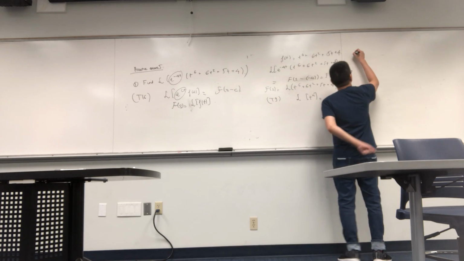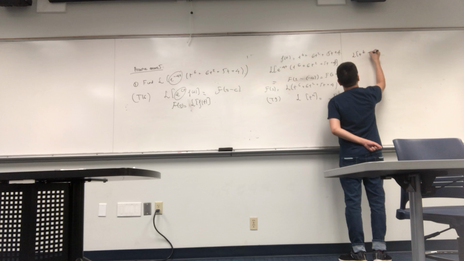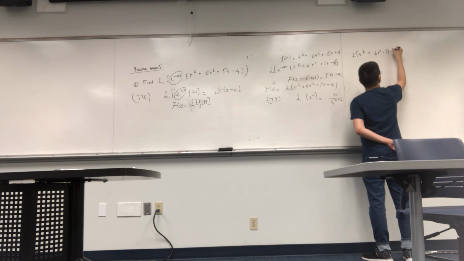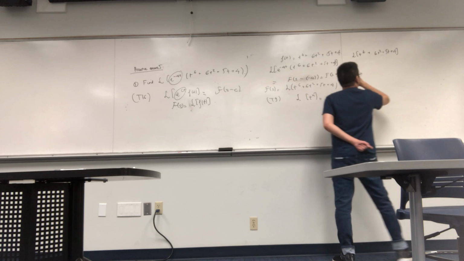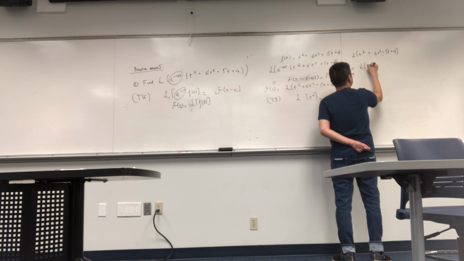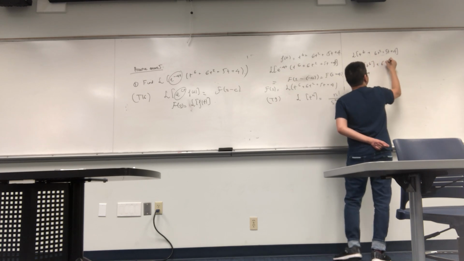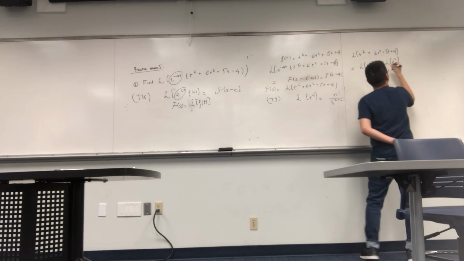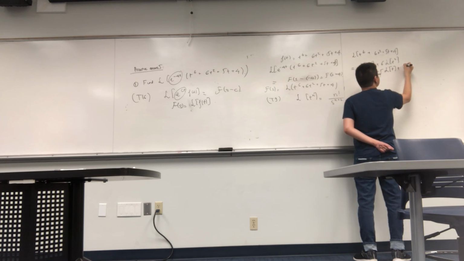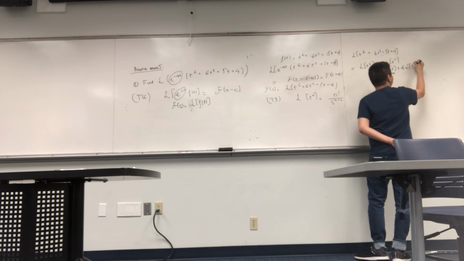So now the Laplace transform of t to the 6 plus 6t squared plus 5t plus 4 will be the Laplace transform of t to the 6 plus 6 times the Laplace transform of t squared plus 5 times the Laplace transform of t plus 4 times the Laplace transform of 1, right?